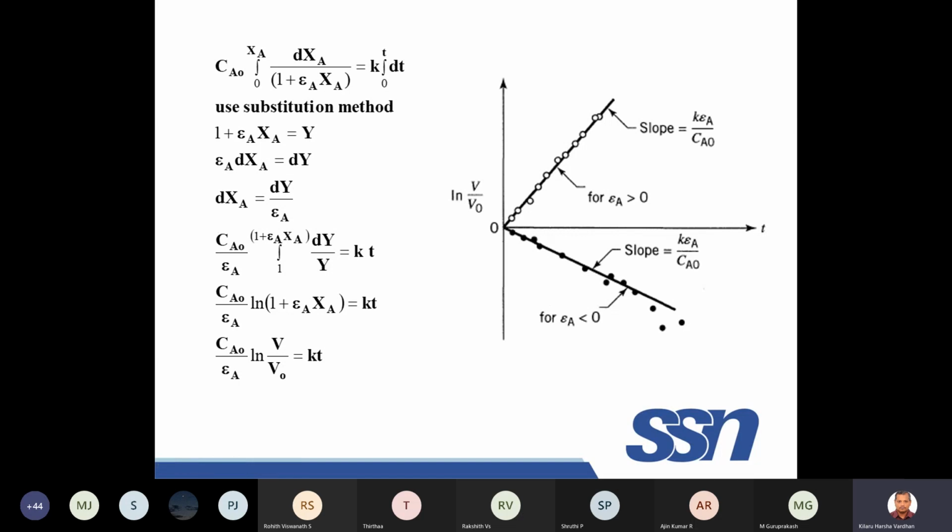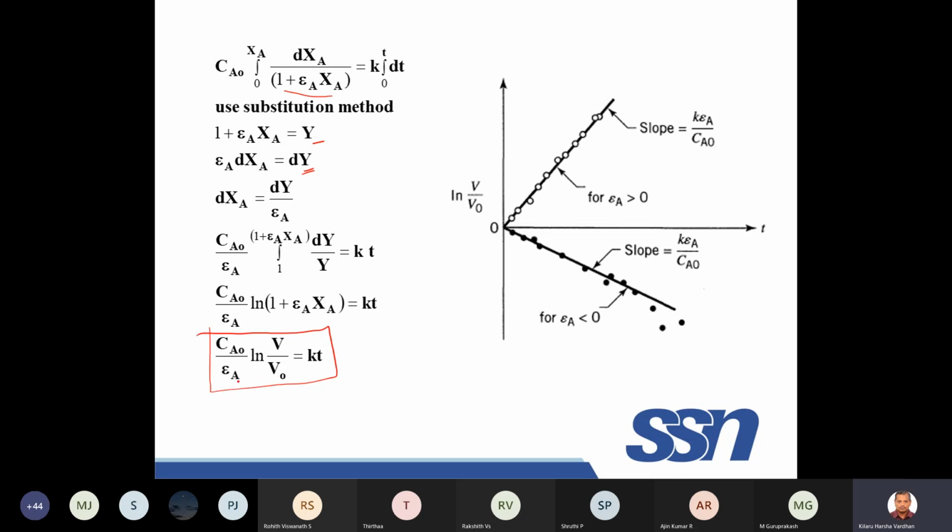To substitute, this is 1 plus something, so let it be some y. If you differentiate this, then dy, so dXA is dy by epsilon A. So you are changing into y and then coming back. It's just a differential.